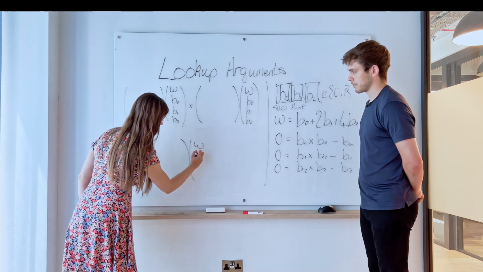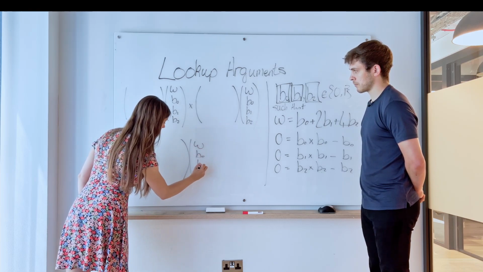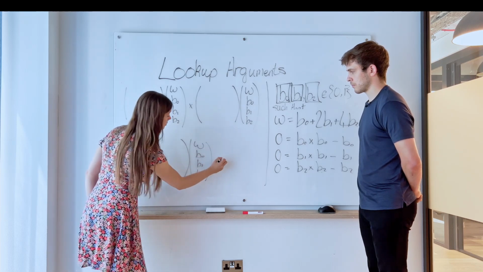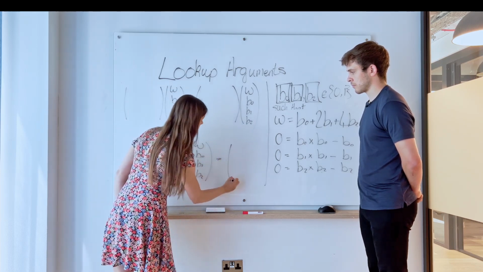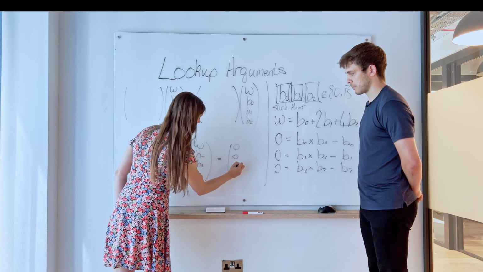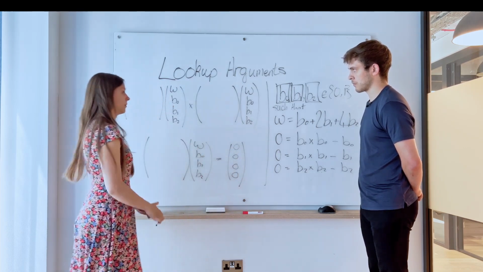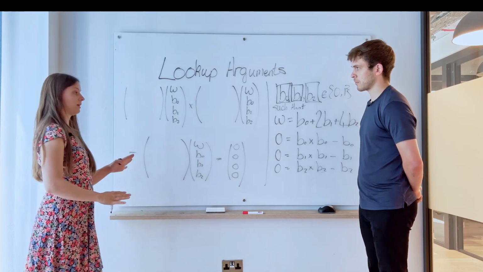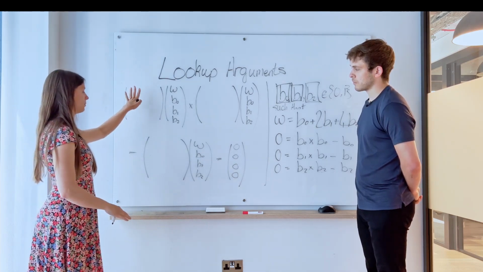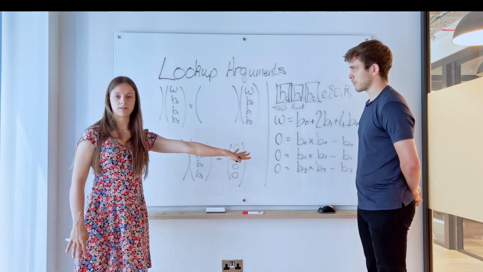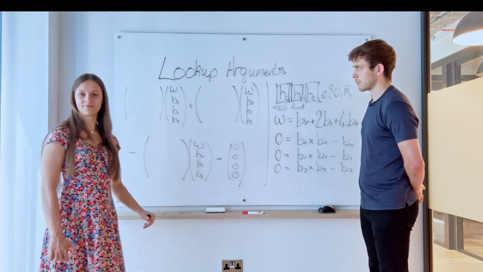So your witness vector appears 3 times. And you're trying to show that this is all equal to the 0 vector. You want it to be the case that we can find a matrix here, here, and here that represents the constraint system.